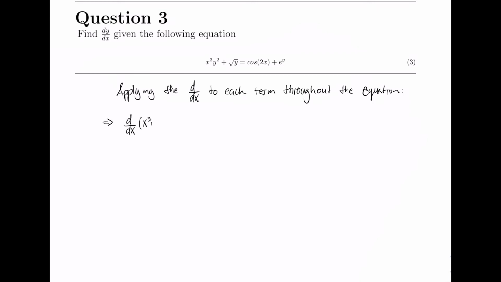So applying d/dx to each term throughout the equation, this gives us d/dx of x cubed y squared plus d/dx of the square root of y equals d/dx cos 2x plus d/dx e to the y.